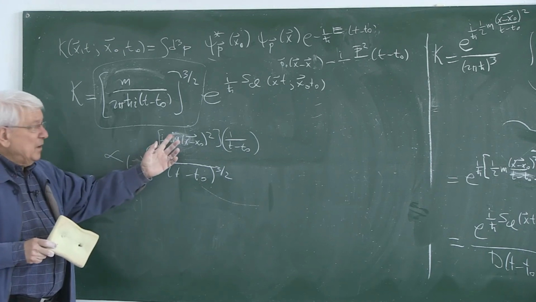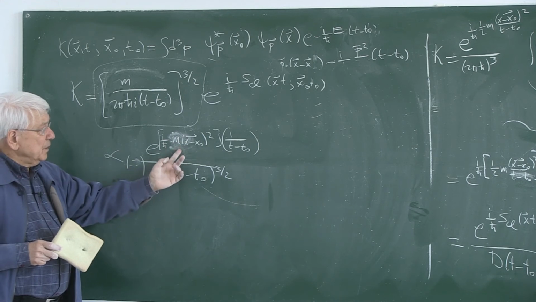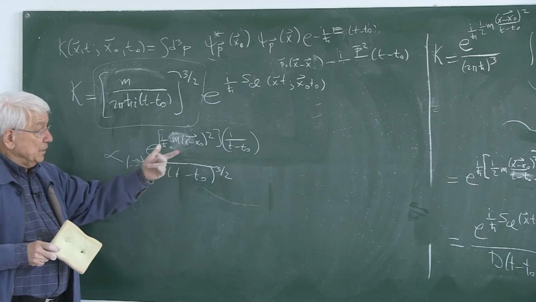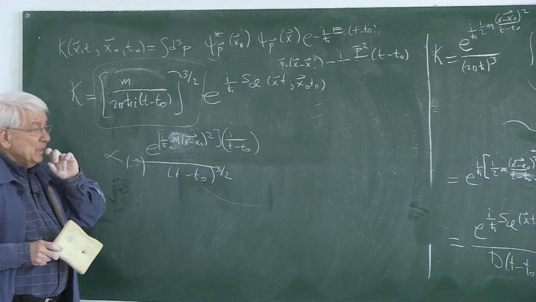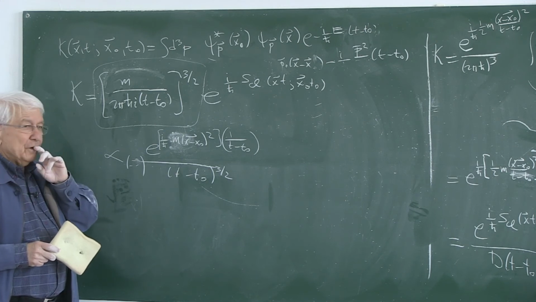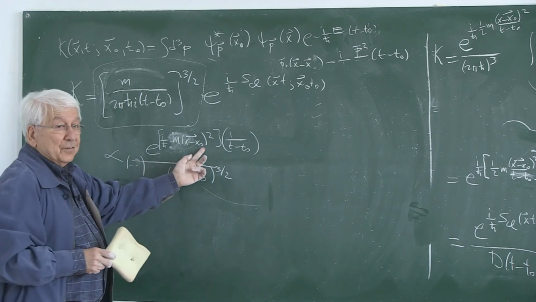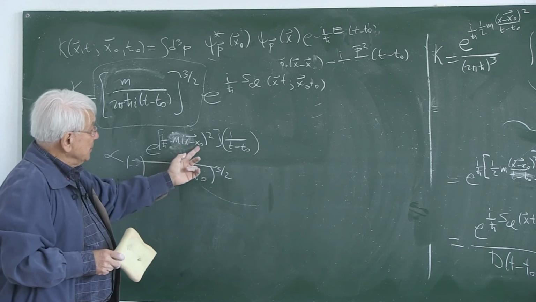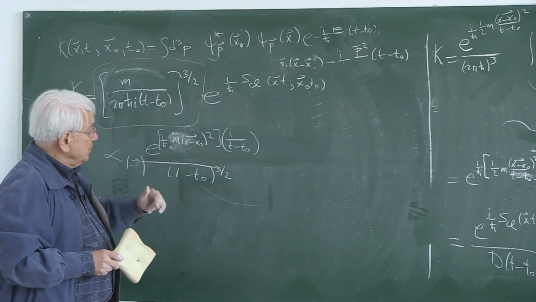Notice that there are x minus x0, y minus y0 in components. So it is the product of 3 exponentials, if you expand this as x1 minus x0_1, x2 minus x0_2.